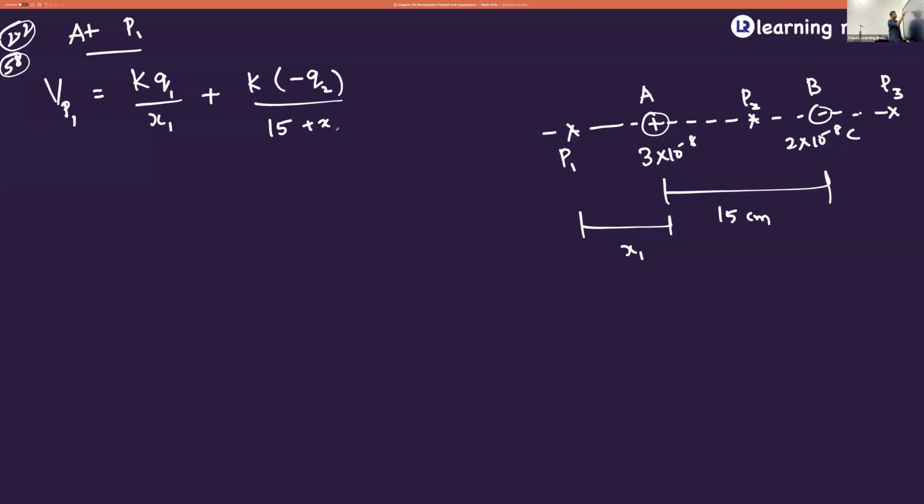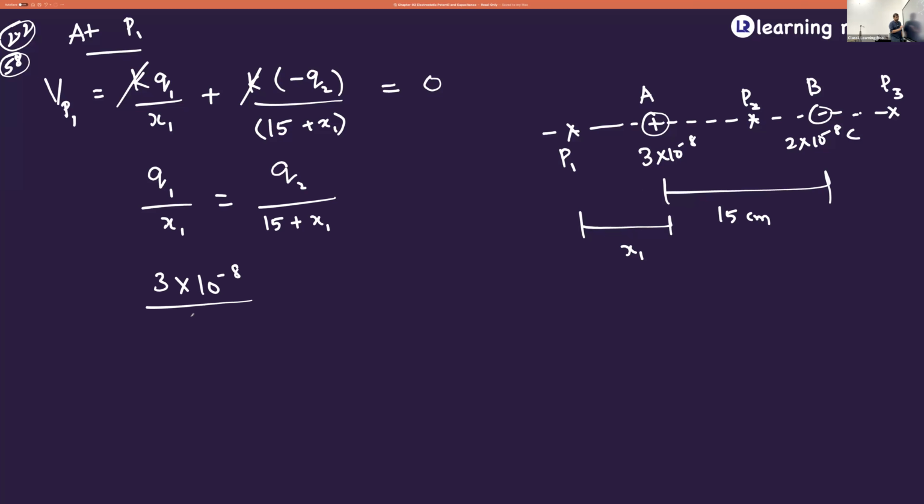Right? As per the question, the sum of potentials contributed by both the charges put together should be equal to 0. Then K and K get cancelled. Q1 divided by x1 will be equal to Q2 divided by 15 plus x1. So 3 into 10 power minus 8 divided by x1 is equal to 2 into 10 power minus 8 divided by 15 plus x1.